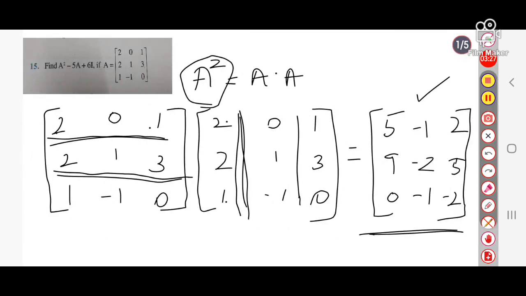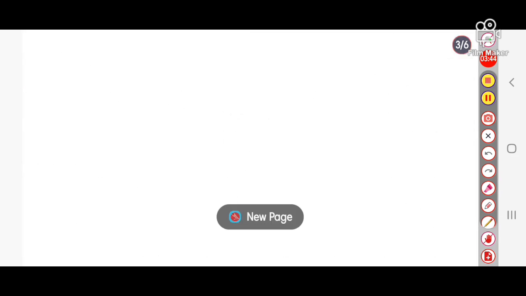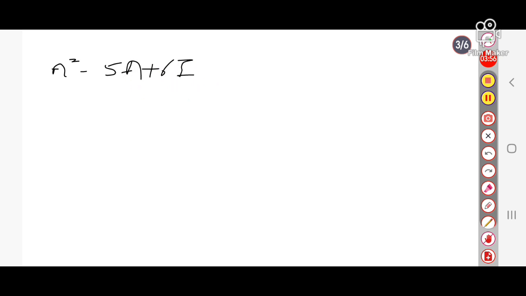So the next step is just merely substituting in the expression that is asked in this question, that is A squared minus 5A plus 6I, right? This is the given expression for which we need to find the answer.